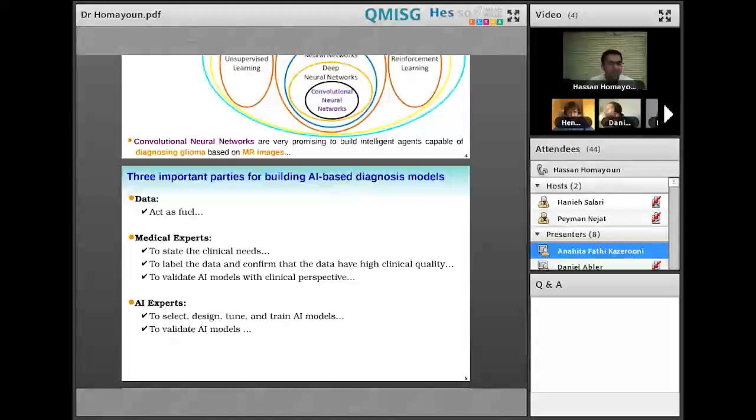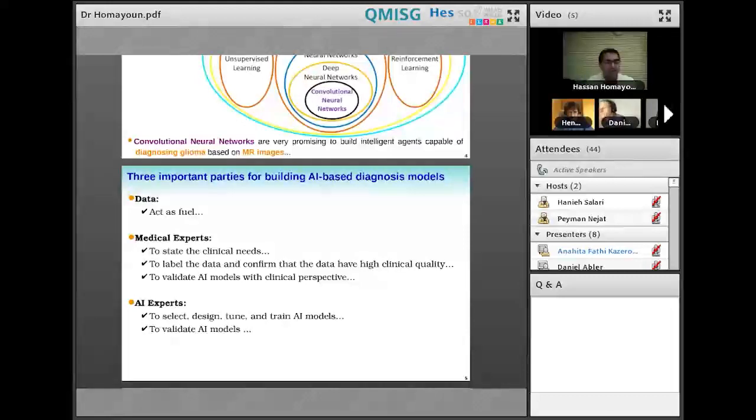Medical experts are another party. To state the clinical need, medical experts tell us whether they want a model to grade the glioma or to classify glioma based on its genetic mutation. They are also responsible to label the data and confirm that the data have high clinical quality.